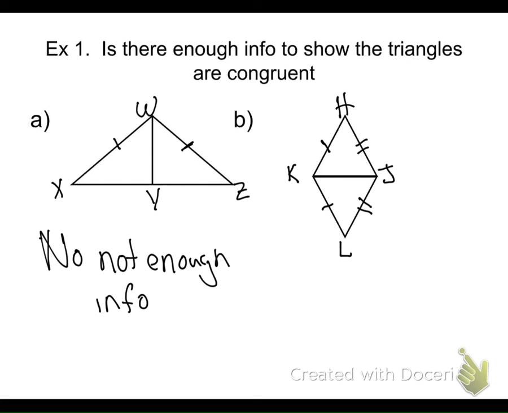So we know that in each triangle here, KJ is congruent to KJ. Therefore, we are able to say that there is enough information to prove congruence by side, side, side.